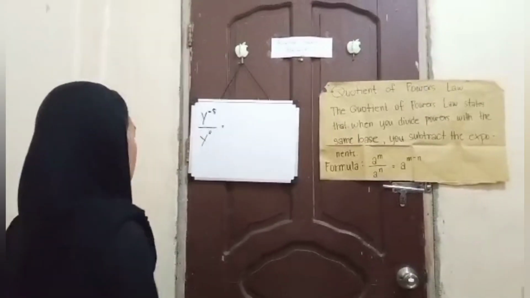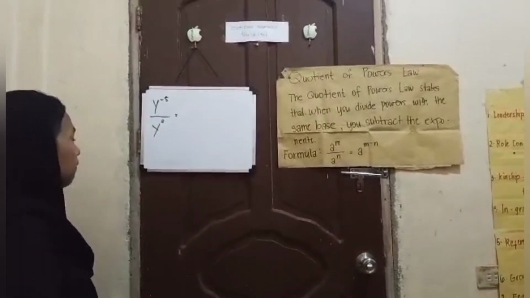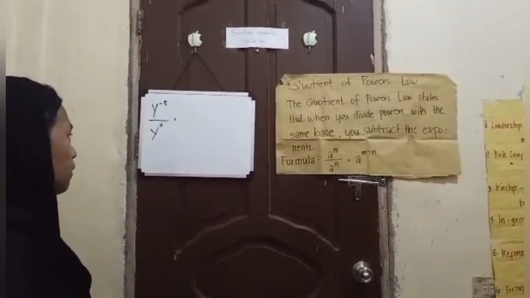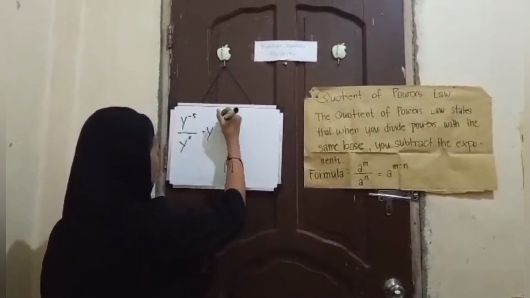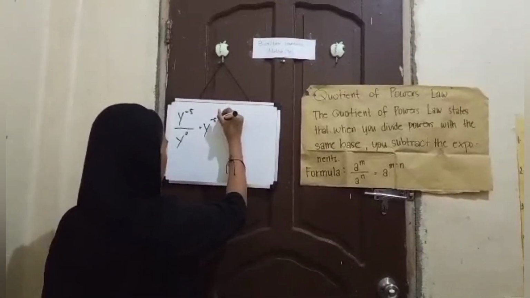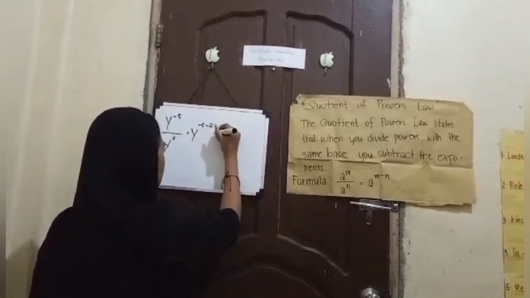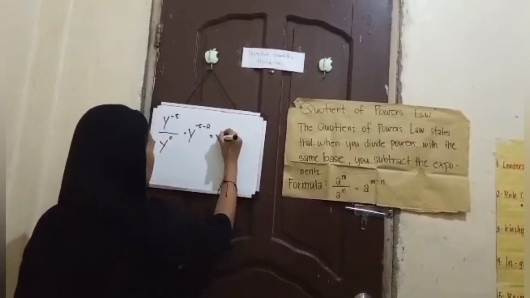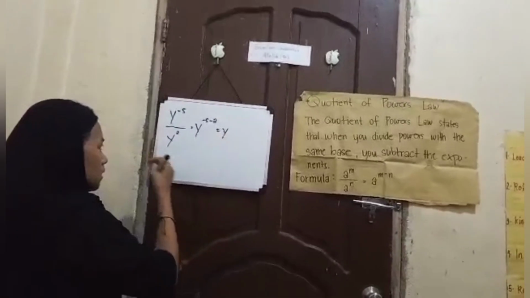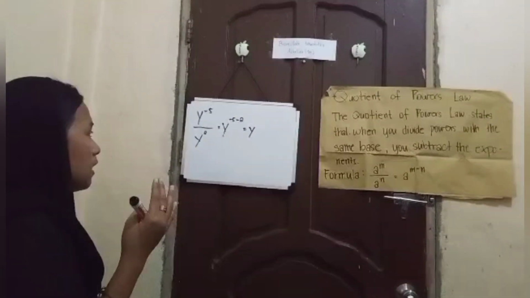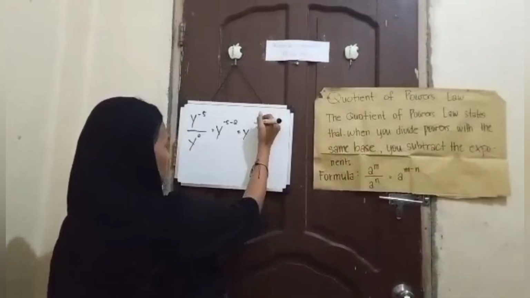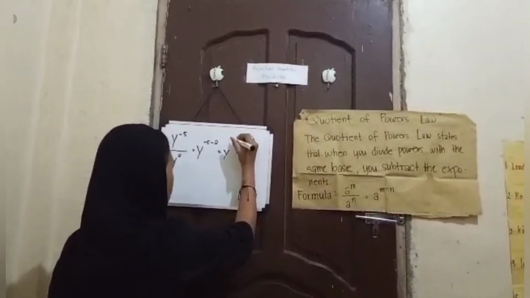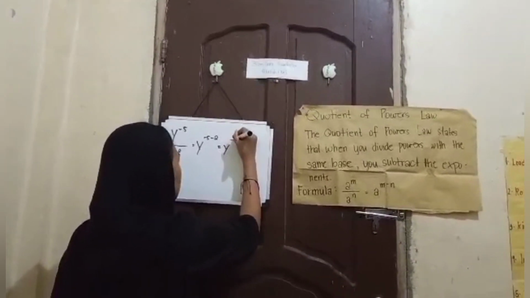Another example is this. So y raised to the power of negative 5 over y raised to the power of 2. So copy the base since same base and then subtract the exponents. And then y, since negative minus positive is negative, it's like adding.